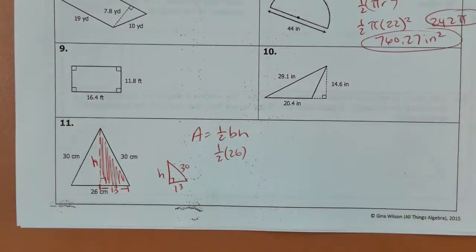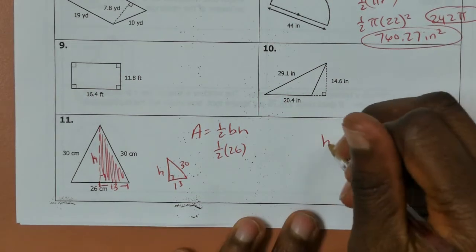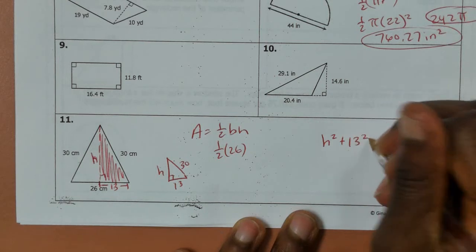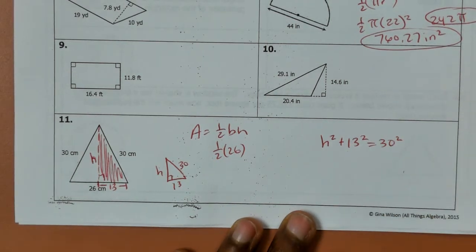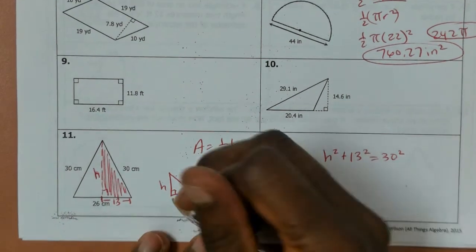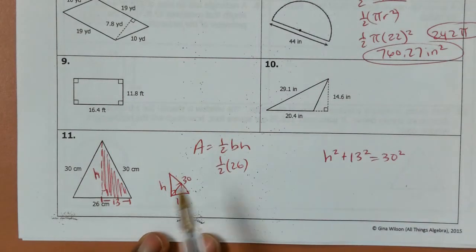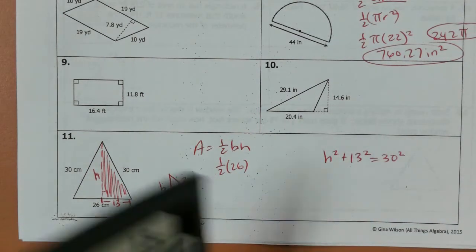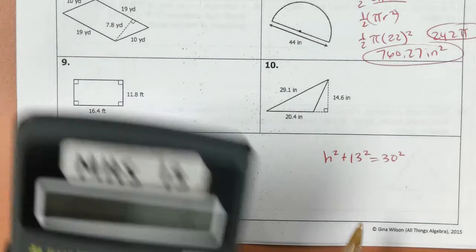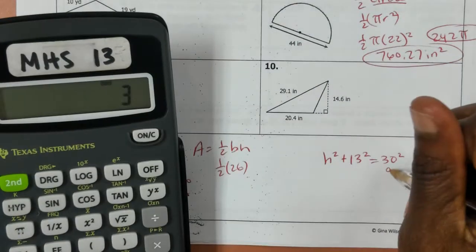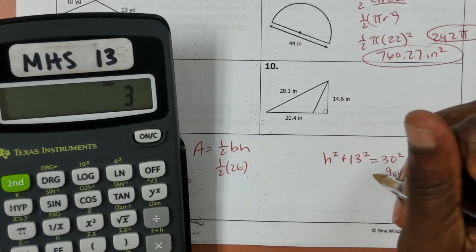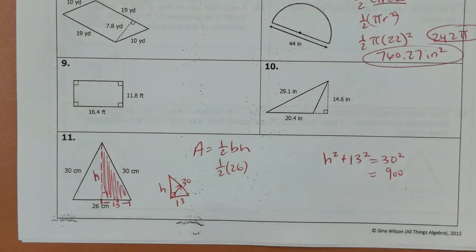And we've done Pythagorean theorem so much that you should be able to get these pretty quickly by now, but if not, I'll just do it out. The side across from the 90 is always C, so the hypotenuse of the triangle is always alone. All right, so we're going to square 30, so that's 900. And we're going to square 13.